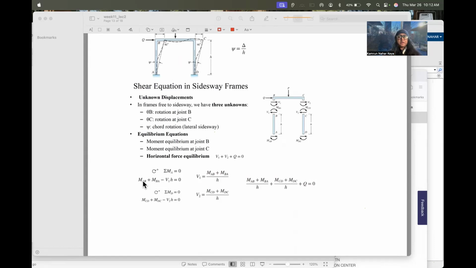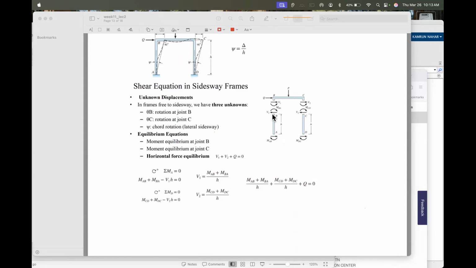You already know that if we draw the free body diagram, you can take a moment at A, write the equation, solve it, and then take a moment at D and write an equation. If you are able to solve it, then solve it, or go for another one.